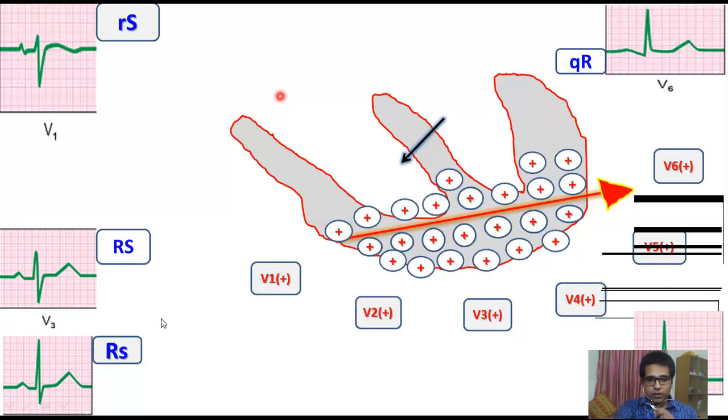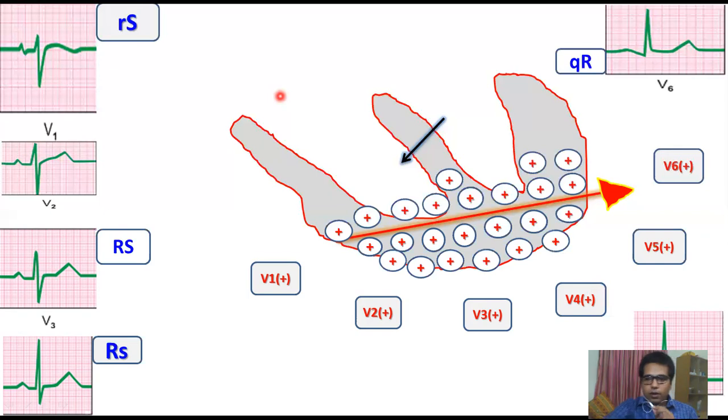This is called RS pattern or biphasic deflection. Now in V4, the R wave is a little bigger than V3 and then followed by the S wave.